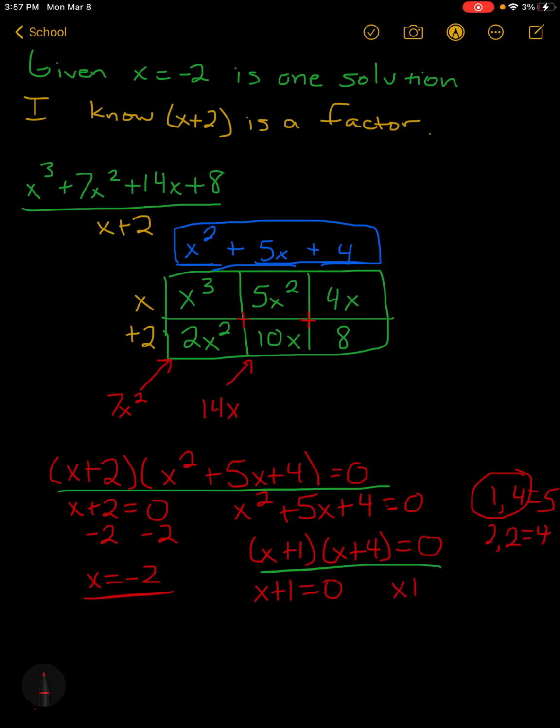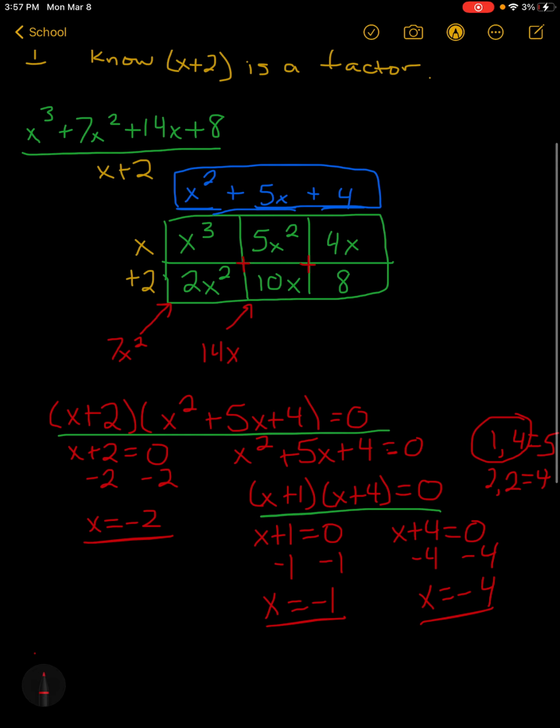We'll break it apart again. Take each piece, set it equal to 0, just like we did above. Now I subtract 1, subtract 4. And notice I get my 3 answers. So x would equal -2, -1, and -4.